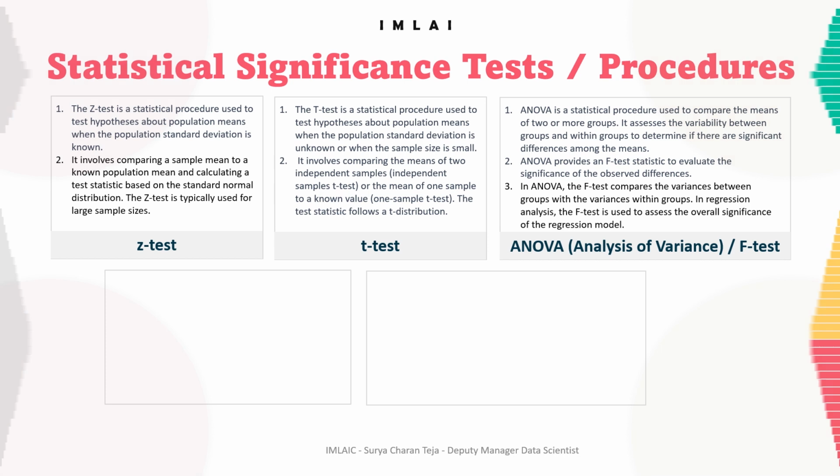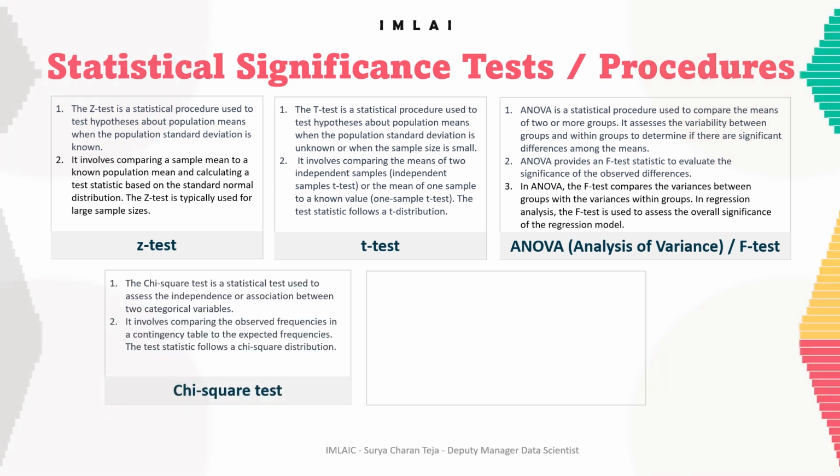Then we have a chi-square test. A chi-square test is a statistical test used to assess the independence or association between two categorical variables. It involves comparing the observed frequencies in a contingency table to the expected frequencies. The test statistic follows a chi-square distribution.